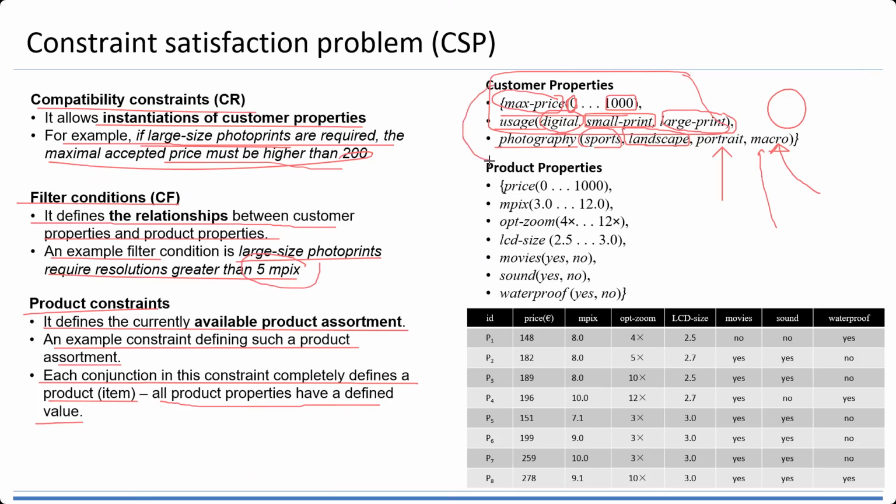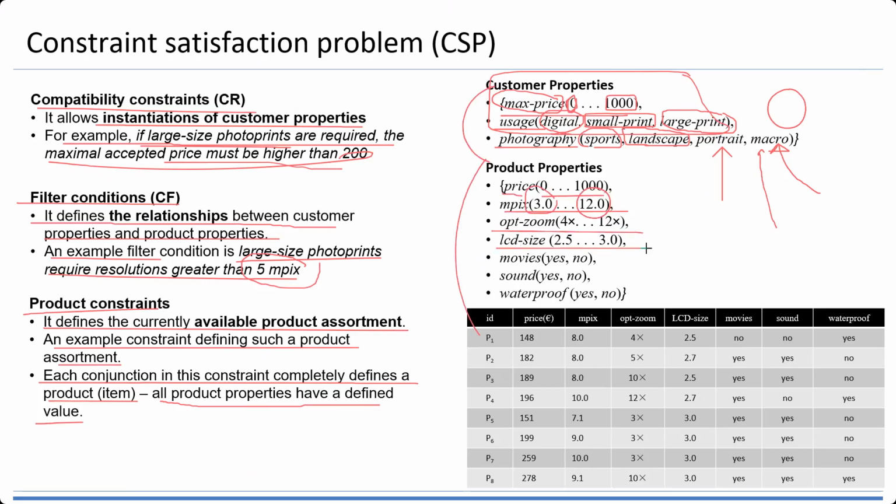Okay, then this is the customer properties. What about the product properties? Okay, the product properties, we have the price. It is in between 0 until 1000. And then the MPix is the megapixel. We have cameras from 3 until 12 megapixel. This is just an example. And the camera will have optical zoom between 4 until 12.